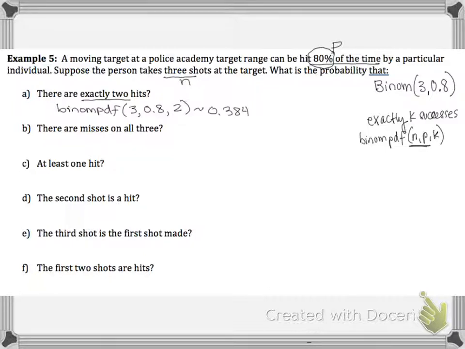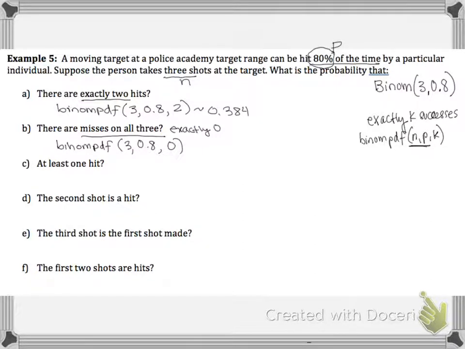Okay, so if I say misses on all 3, then I've not really talked about success in any form here. So that would be exactly 0 successes. So I would do the binom PDF again, 3 trials, 0.8 probability of success, and exactly 0.